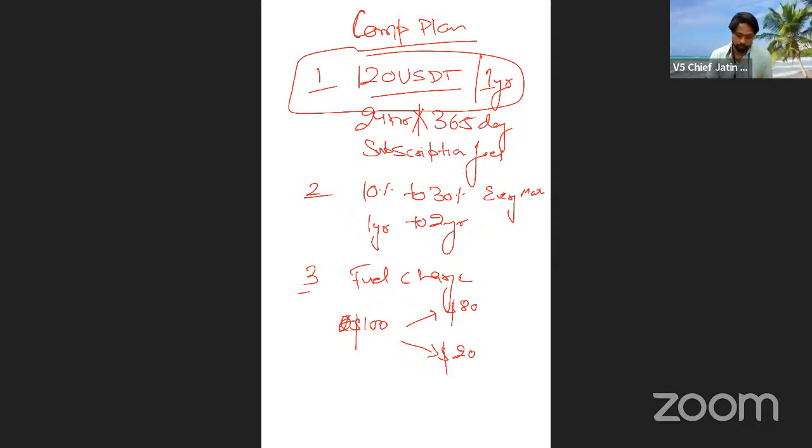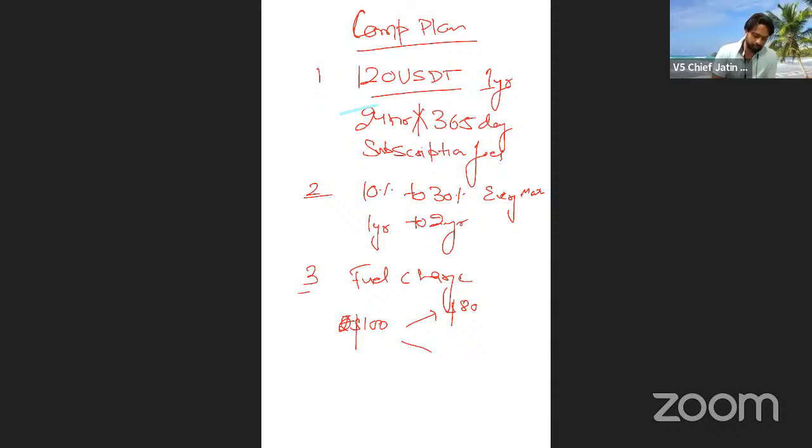You're still earning $80, which means you're still generating profit, even if $20 is deducted. So 20% of whatever Royal Q generates for you as profit will be deducted and divided between the people who have helped you on Royal Q. Now let me explain the compensation plan.